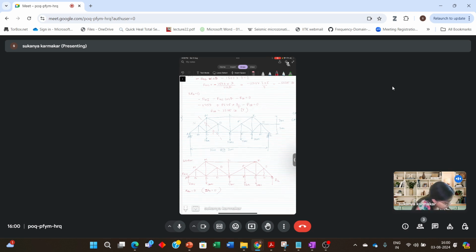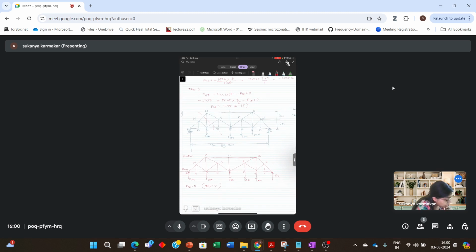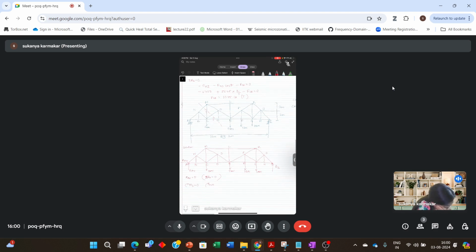If you use that condition, there are no horizontal forces acting on the structure, so RAH is 0. Now let's calculate RAV. For that, the easiest will be taking the moment about the point I. Then RI will disappear in the moment equation. So let's take moment about point I is equal to 0 and let's take clockwise moment to be positive.